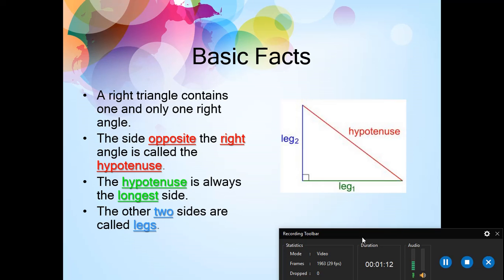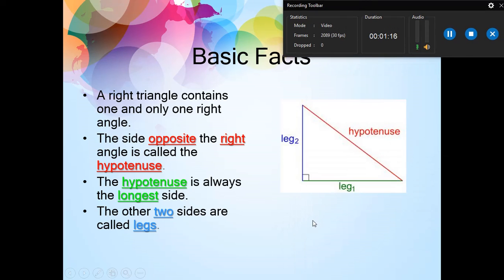When we look at the Pythagorean theorem, we use a and b. So if you recall, this is the Pythagorean theorem: a squared plus b squared equals c squared. c is always the longest side, so that's the side we'll use for our hypotenuse. And then a and b are our legs.